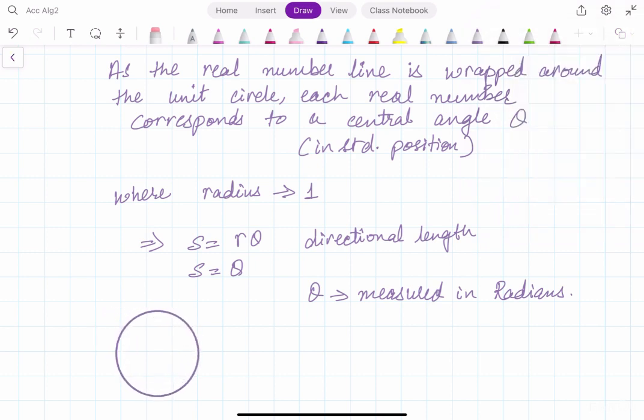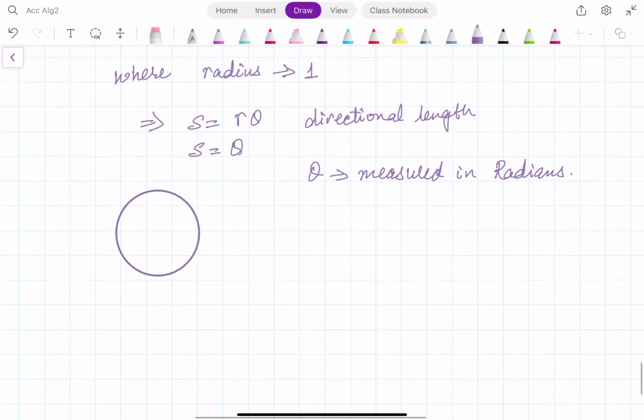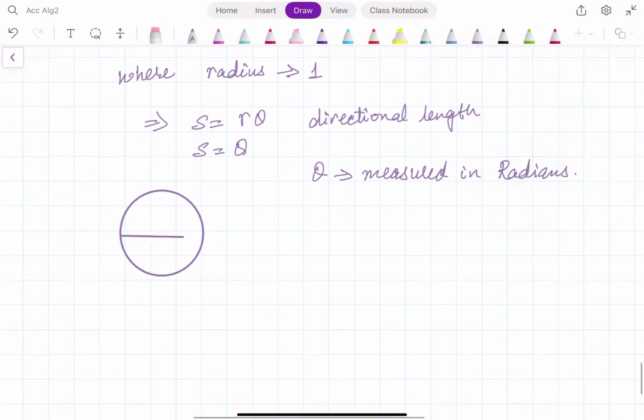Now let's have a circle. Let's have a coordinate on the circle. And let's have one point T, which has a coordinate of x and y.